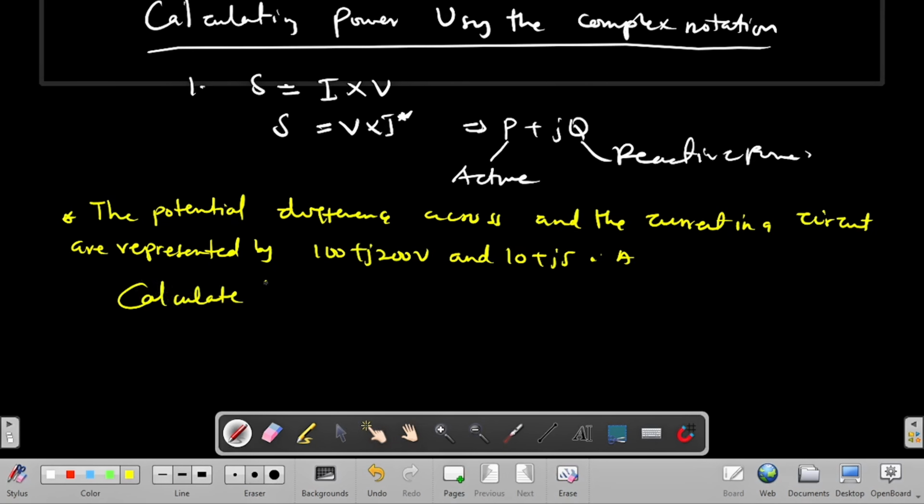Calculate the power and reactive volt amperes. So we need to find the power and the reactive volt amps.